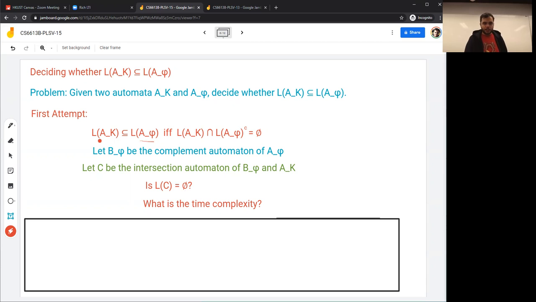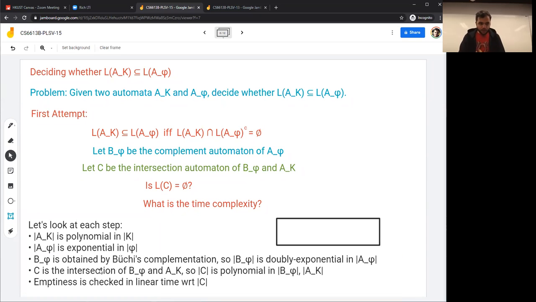I have an automaton that models my Kripke structure, and I have another automaton that models my formula phi, right? We saw that finding this automaton is easy, but finding this automaton was the subject of the previous session, and it actually took exponential time, right? So before all of these steps begin, I have to spend exponential time in terms of phi just to compute this automaton A phi.